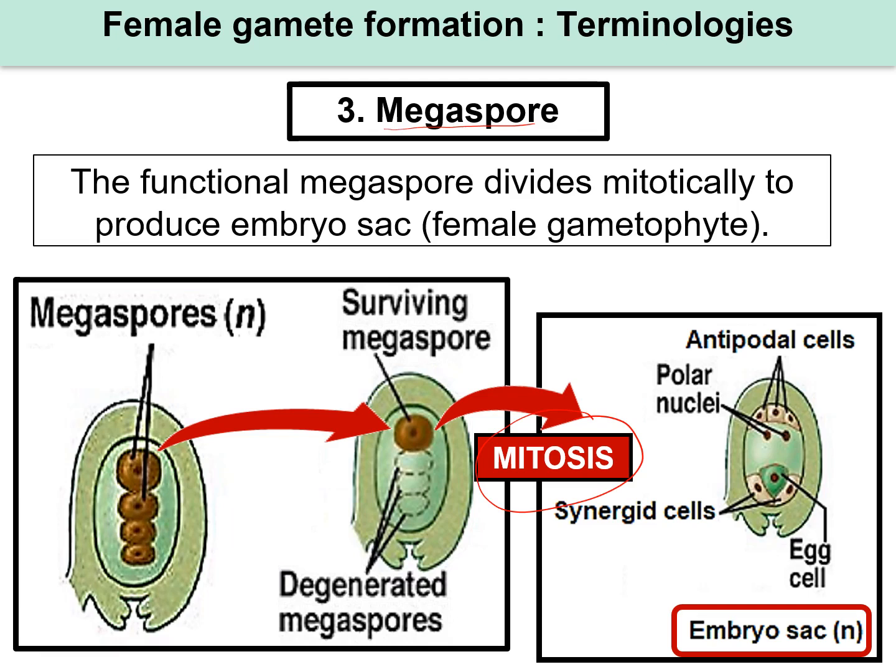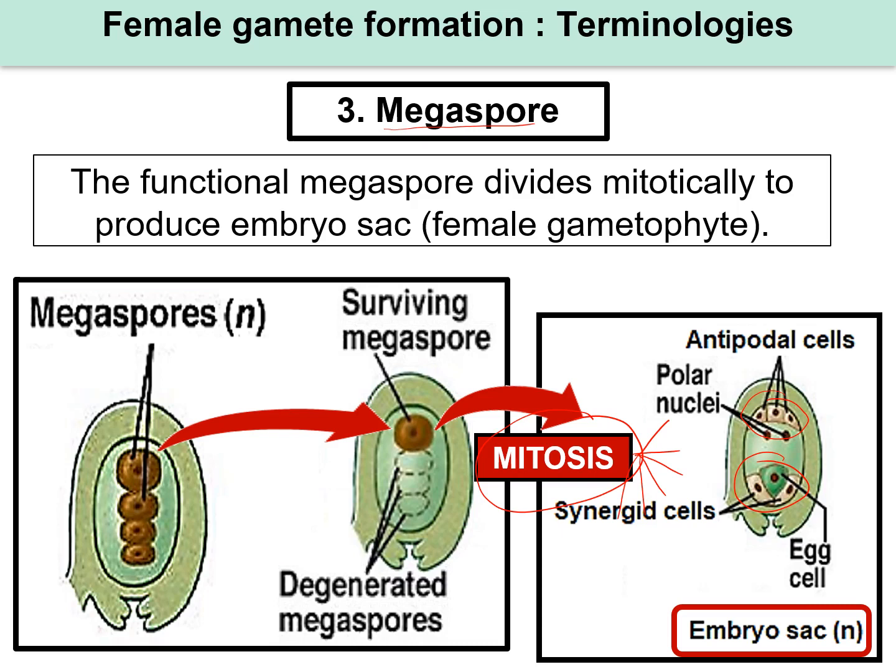Megaspore will divide mitotically to produce the embryo sac. So the surviving megaspore will undergo mitosis and it should produce 8 nuclei. So how many mitotic divisions should happen to produce 8 cells?